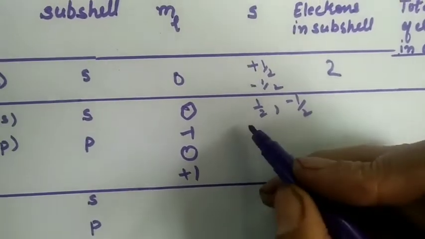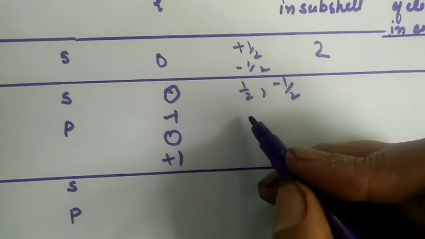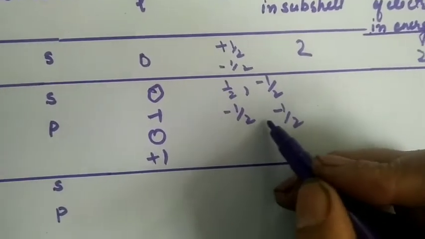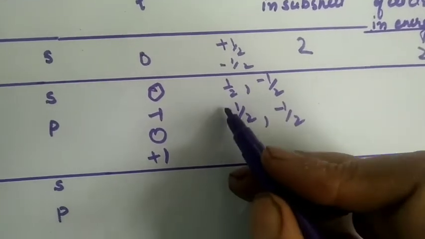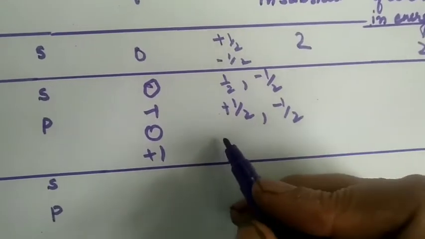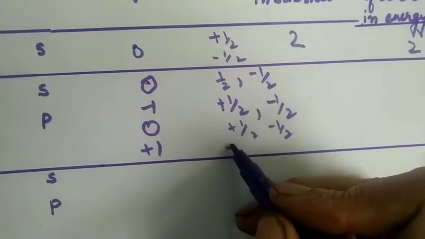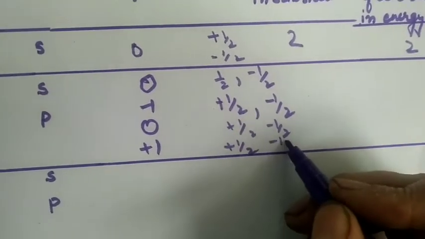So 2 electrons having these values. Similarly, for minus 1, you can have 2 electrons, one with plus half, another with minus half. Then again plus half and minus half, plus half and minus half.